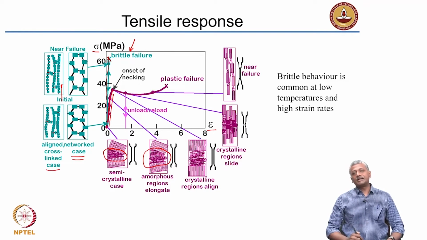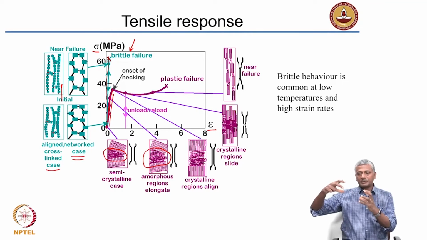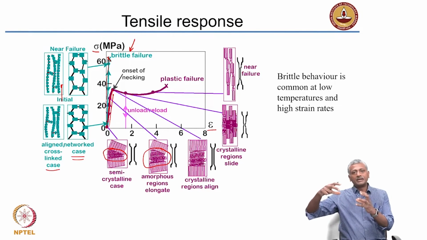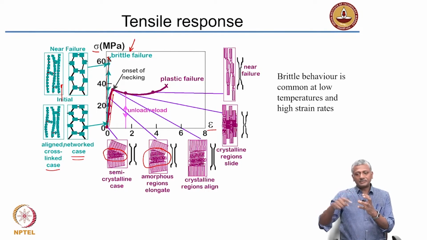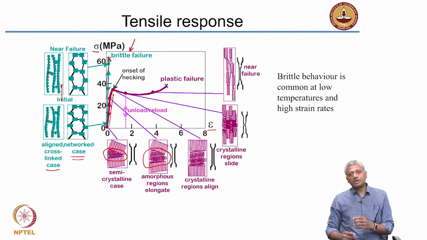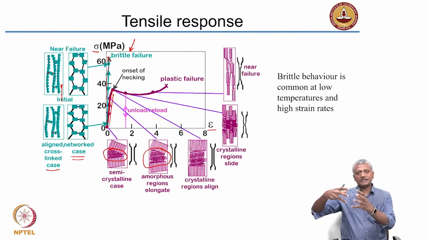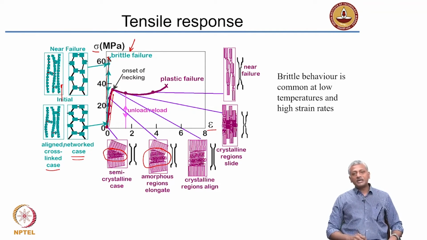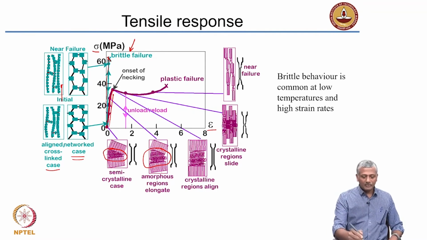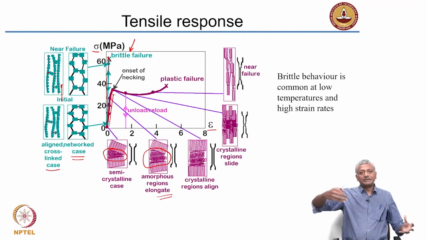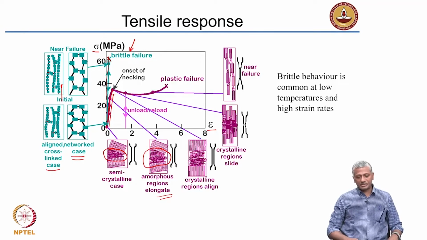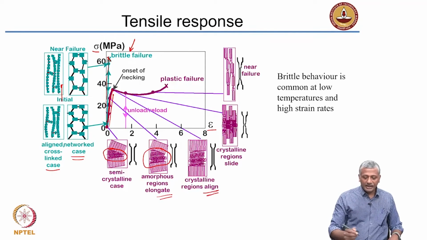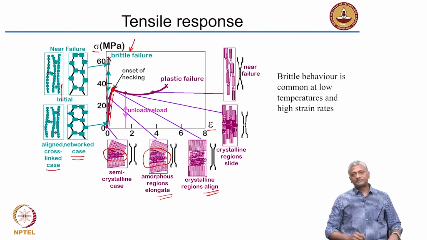You have some crystalline components which are not deforming, but the amorphous region of the polymer, where you have entangled chains, starts to stretch, and that is what is happening in this pre-peak region. So, amorphous regions are elongating, leading to better distribution of the stress, and then you have an alignment of the crystalline regions at the point of the peak.